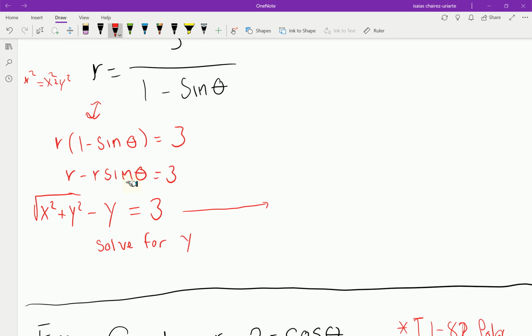So in order to solve for y, I am going to try to get rid of this square root. I'm going to square both sides.